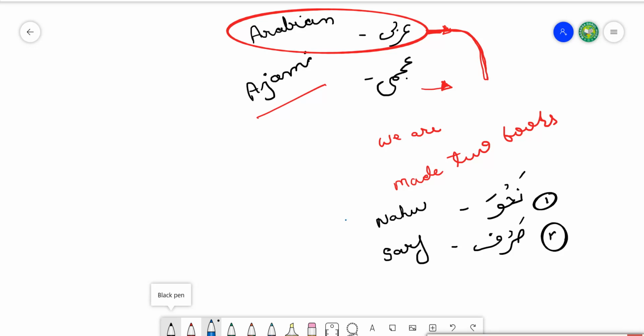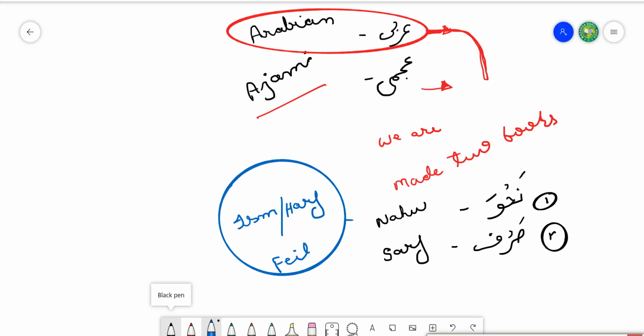So Nahu deals with ism and harf, and the Sarf deals with fail. And as we know earlier, the ism, fail and harf make the Arabic language.